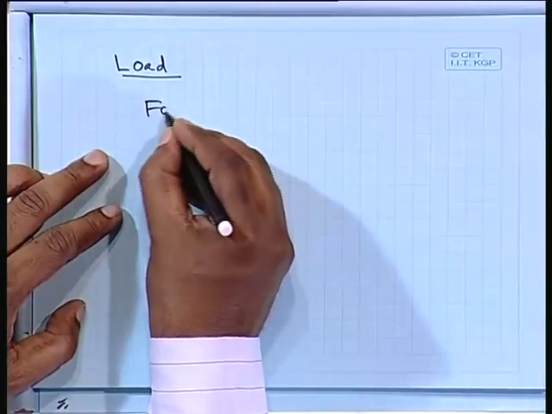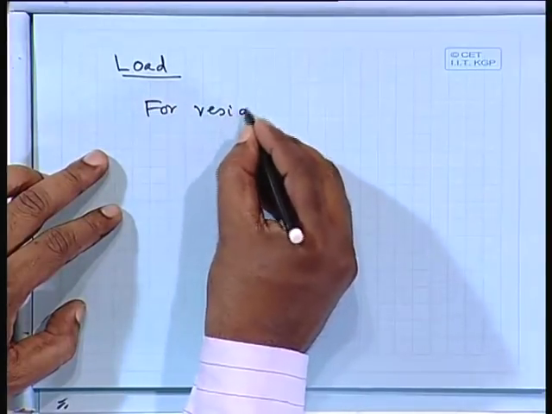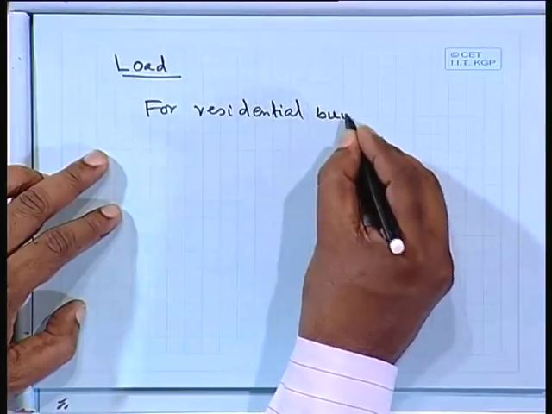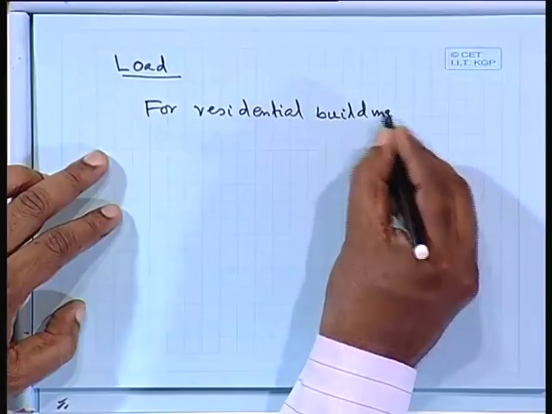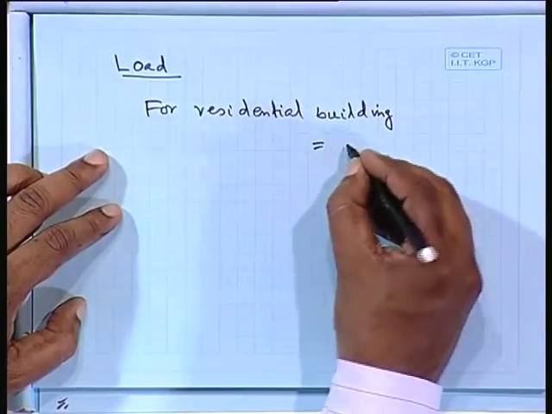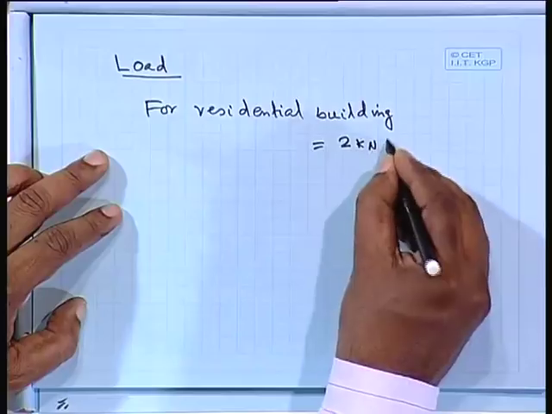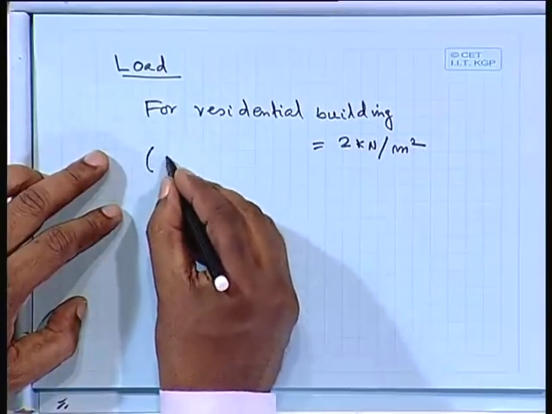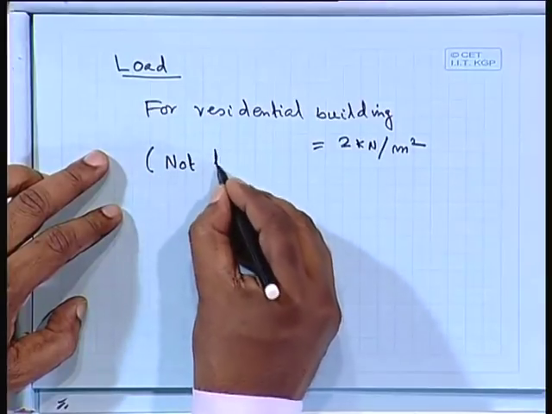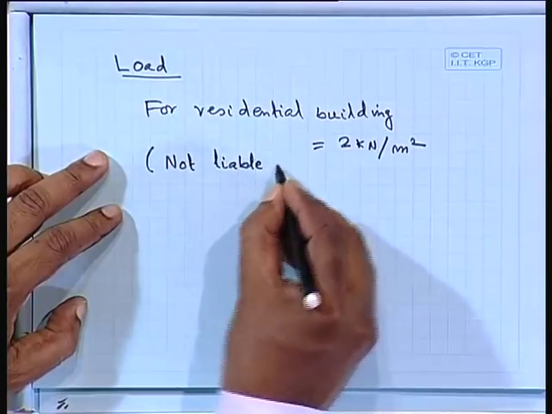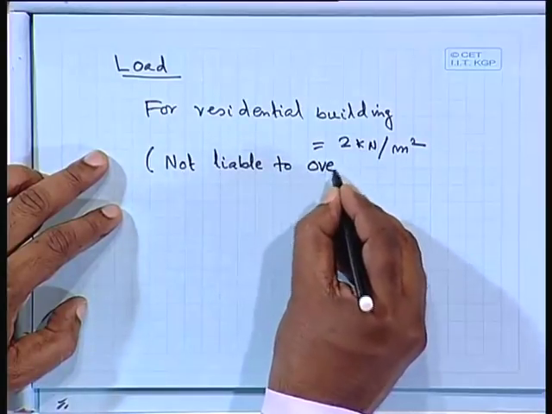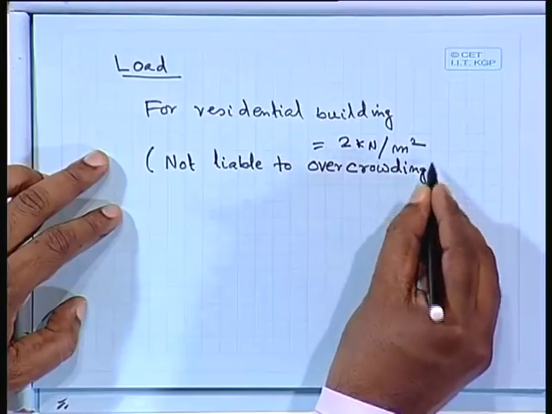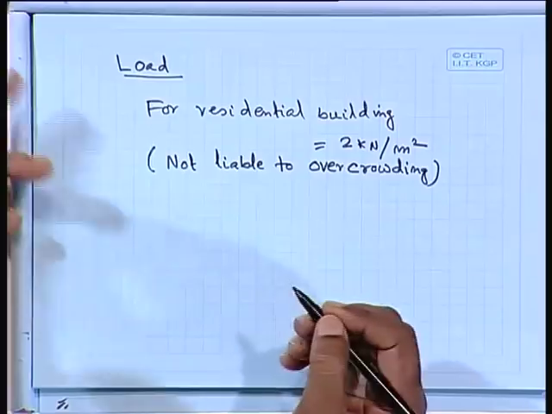For a residential building we shall consider 2 kilonewton per square meter, and there is a restriction, not liable to overcrowding. That means the staircase will never be overcrowded.